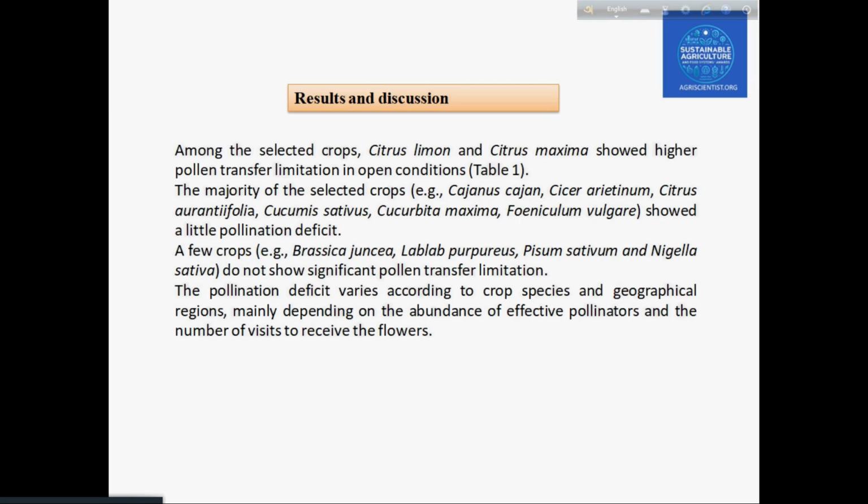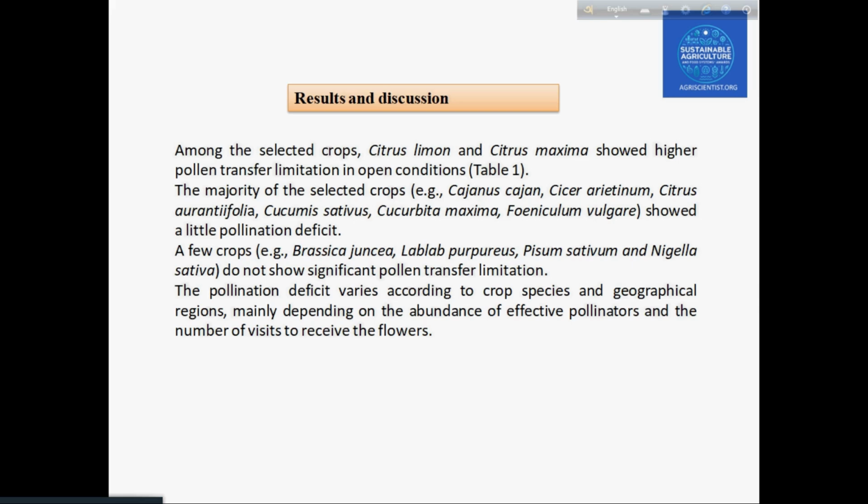Few plants, Cajanus cajan, Cucumis sativus, showed little pollination deficit. On the other hand, a few plants like Brassica do not show significant pollen transfer limitation in nature, in the open pollination system.